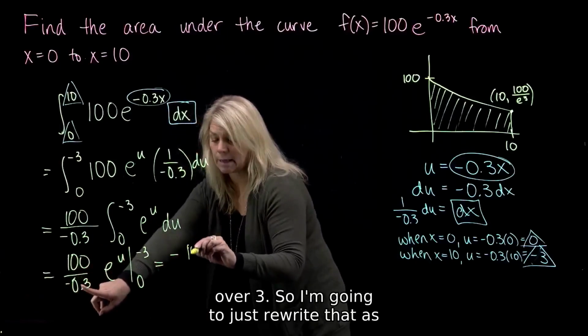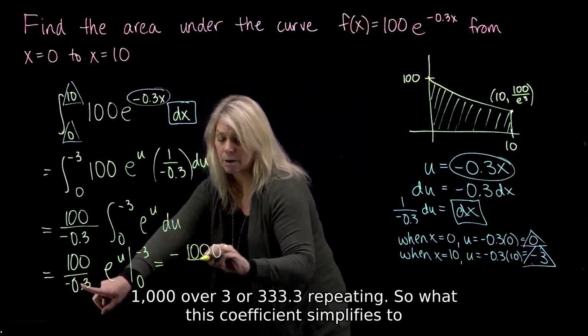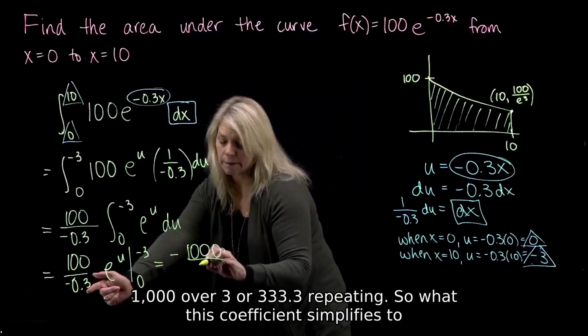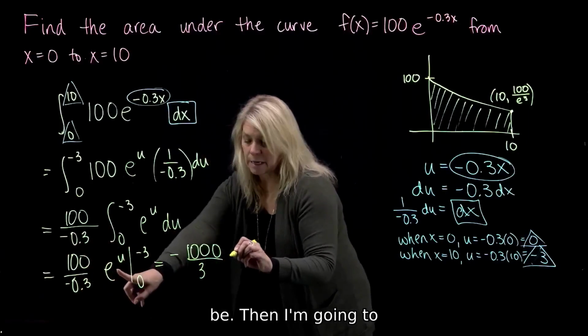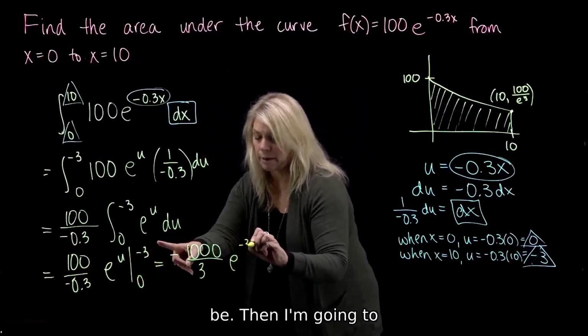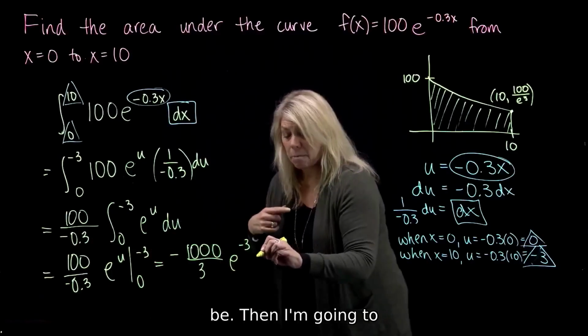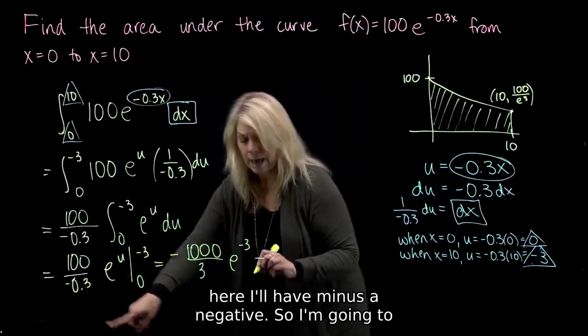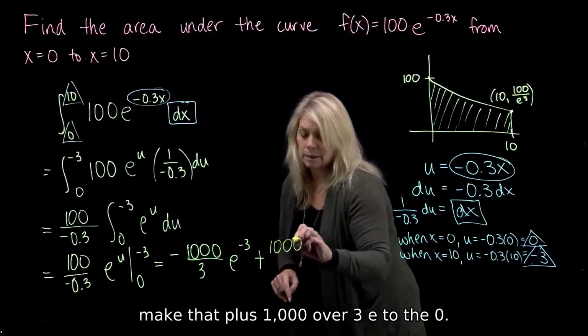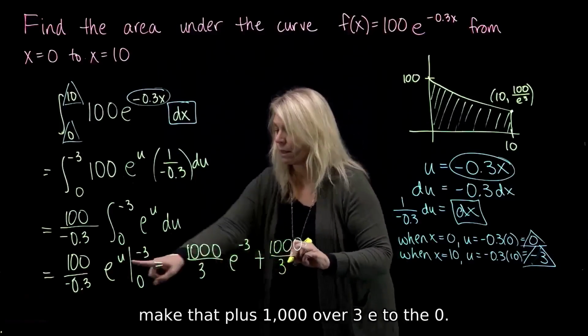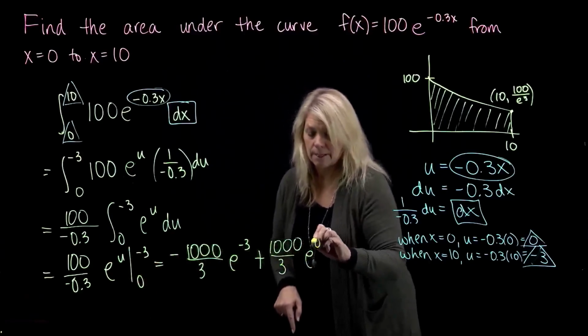So I'm going to just rewrite that as 1,000 over 3 or 333.3 repeating. That's what this coefficient simplifies to be. Then I'm going to have e to the negative 3, putting in the upper limit of integration first, and then minus, here I'll have minus a negative, so I'm going to make that plus 1,000 over 3 e to the 0.